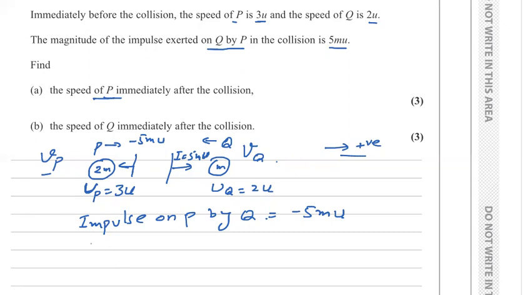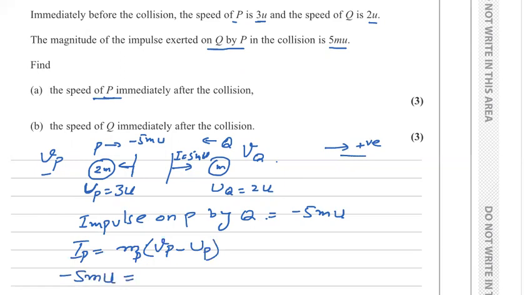If I use the formula of impulse, the impulse is equal to the mass of the particle into final velocity minus initial velocity. As we are considering the impulse on P, I will say IP. So it will be the mass of P into final velocity of P minus initial velocity of P. What is IP? It is minus 5mu.